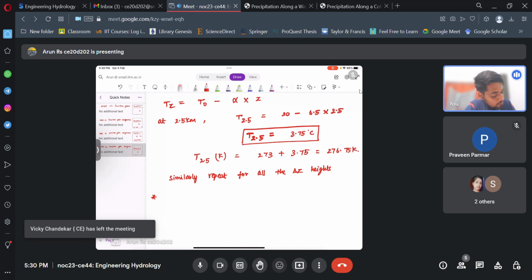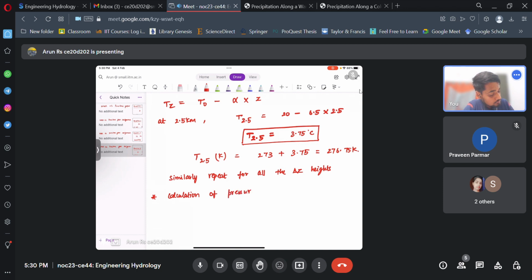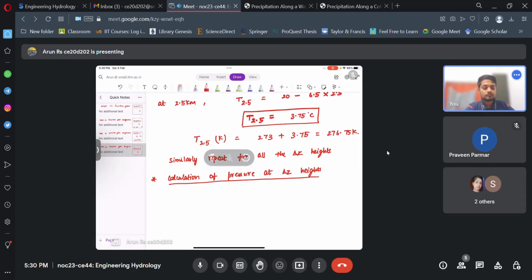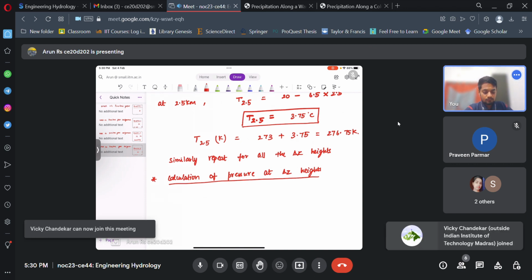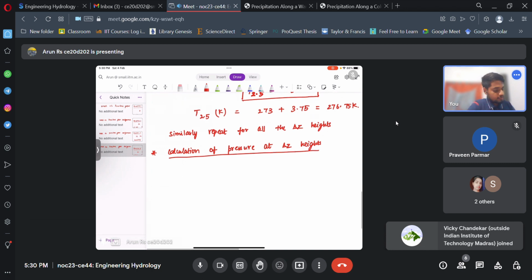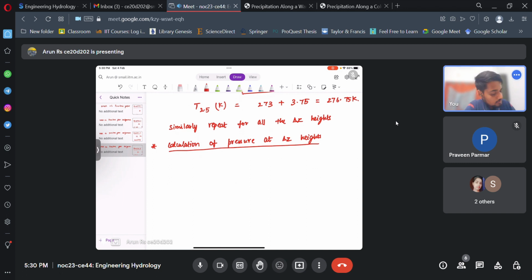So next we need to compute the pressure. Your pressure also changes with altitude, and in the lectures, ma'am would have derived an expression like this: pressure at any height Z is equal to pressure at the ground multiplied by temperature at the Z height divided by temperature at the ground, to the power G divided by RA into alpha.